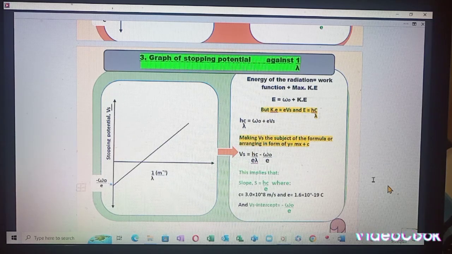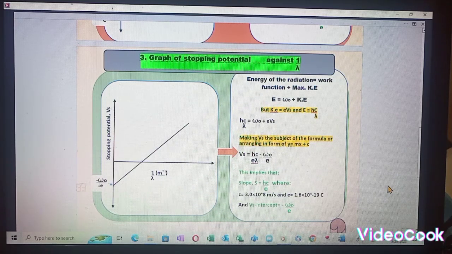So in this case, for hc over E, you just require to find h, because you have C and you also have the value of E, and we have the constants here.